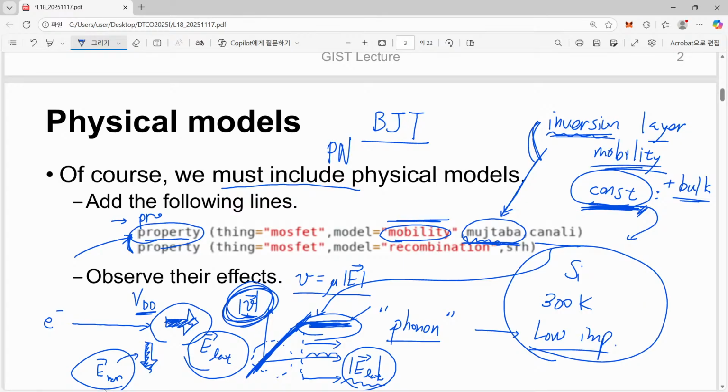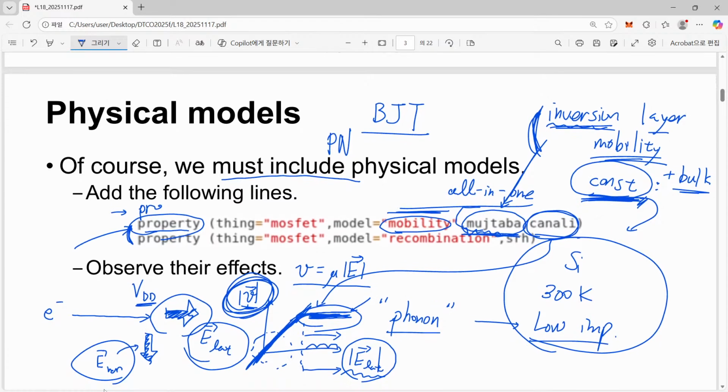So people call it just an all-in-one model. When you use this model, except for this velocity saturation effect, many physical mechanisms related to electron mobility and hole mobility are included. However, the main concern was inversion layer mobility. So if you are talking about different materials or different devices, then maybe you can omit this one.